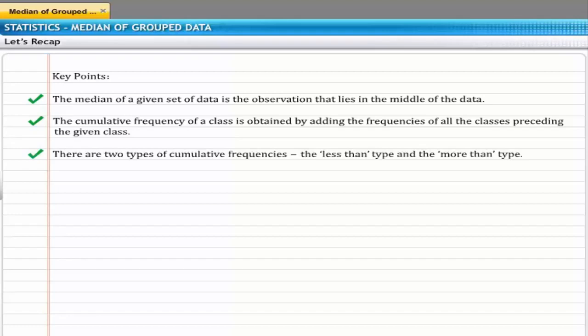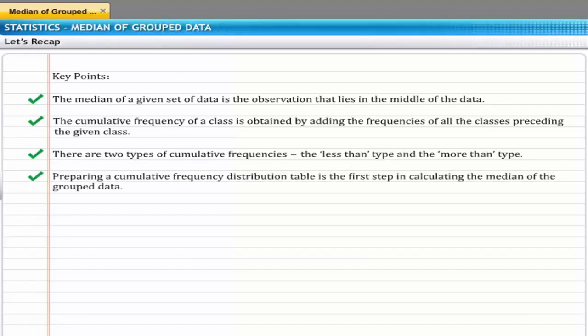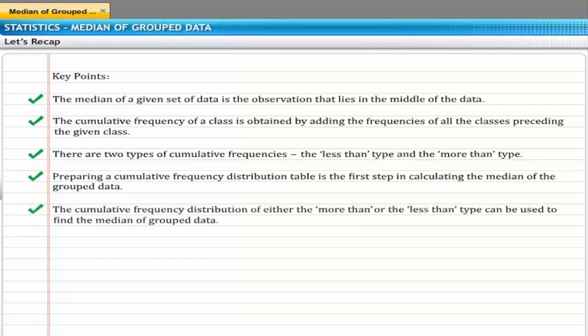There are two types of cumulative frequencies, the less than type and the more than type. Preparing a cumulative frequency distribution table is the first step in calculating the median of the grouped data. The cumulative frequency distribution of either the more than or the less than type can be used to find the median of grouped data.